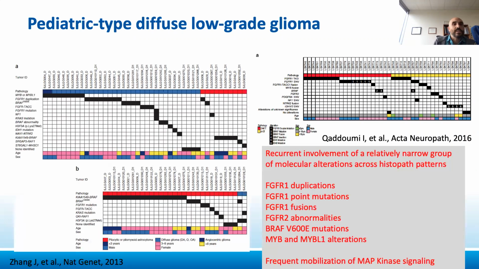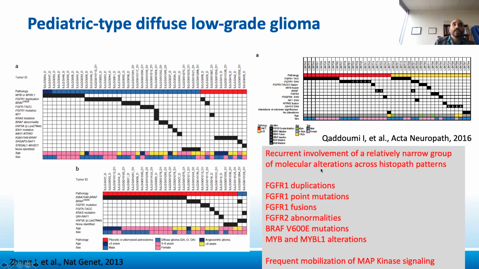So a lot of what we know about these entities was established from large molecular profiling studies like this one, which delineated the pattern of molecular alterations associated with varying histopathological patterns. So here you have in blue, this is pilocytic architecture, and red, more diffuse architecture, and yellow over here we have oligodendroglial architecture. You have the molecular alterations that are associated with them.